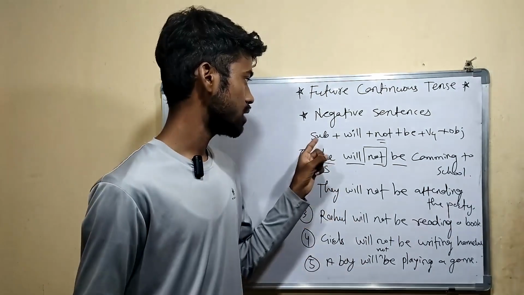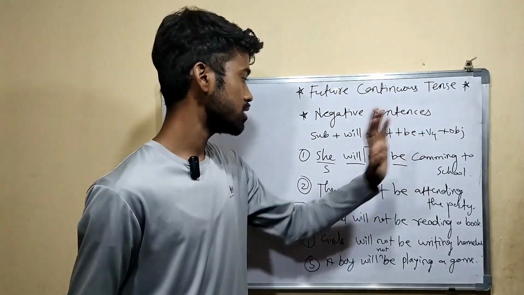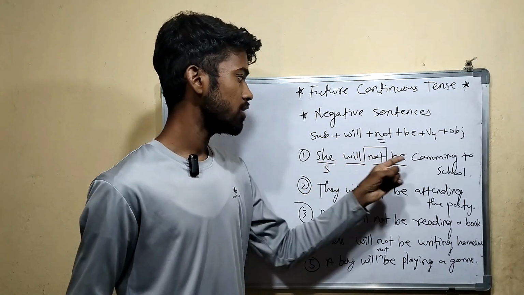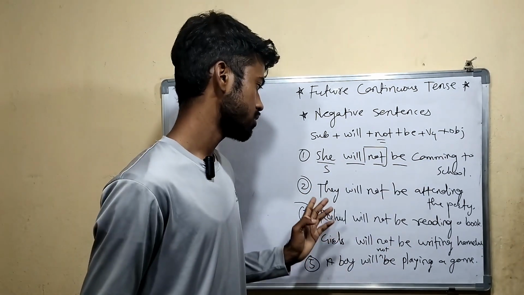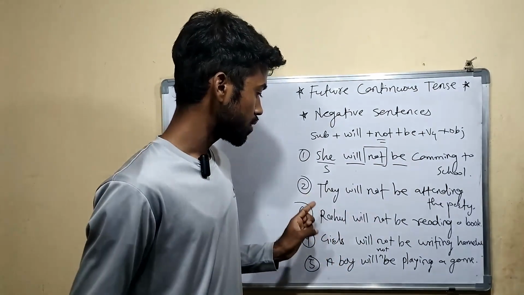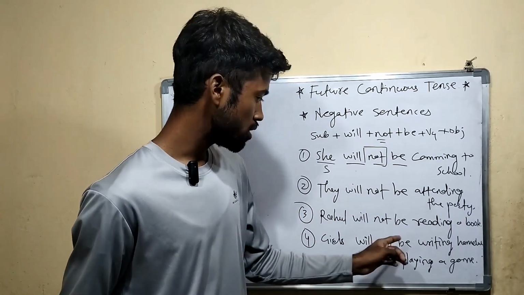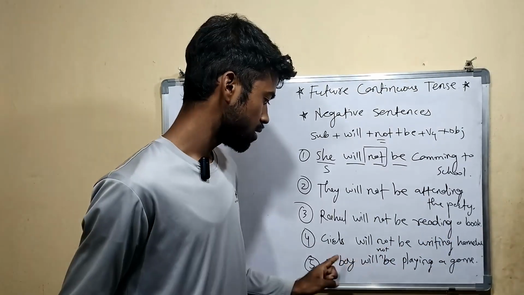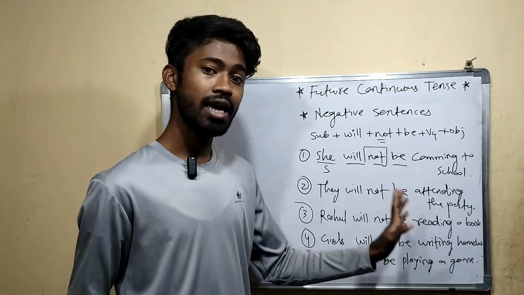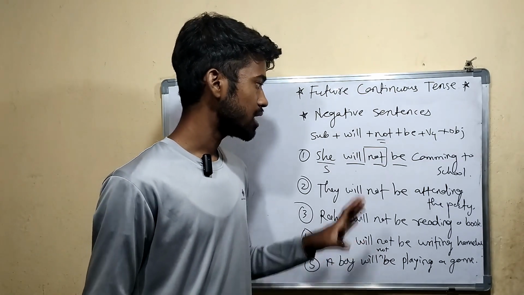What is the structure? Subject plus will not plus be plus first form of verb plus object. What are the examples? She will not be coming to school. They will not be attending the party. Rahul will not be reading a book. Girls will not be writing homework. A boy will not be playing a game. These are the examples.